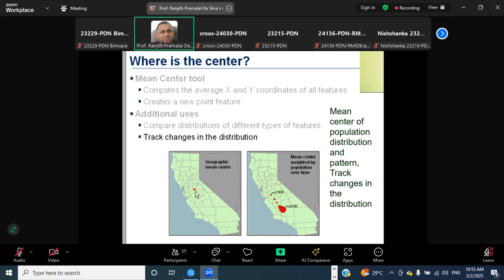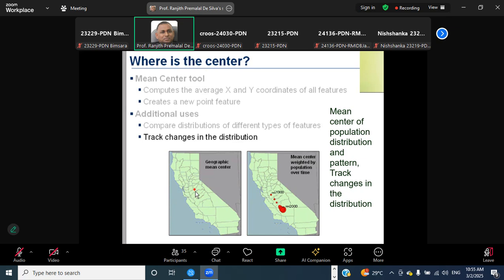If you look at the text in the graph, it says mean center weighted by population over time. So you take each of these areal units, get the population, and calculate the mean center.